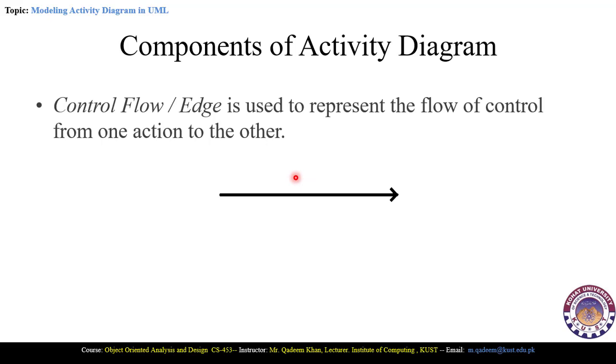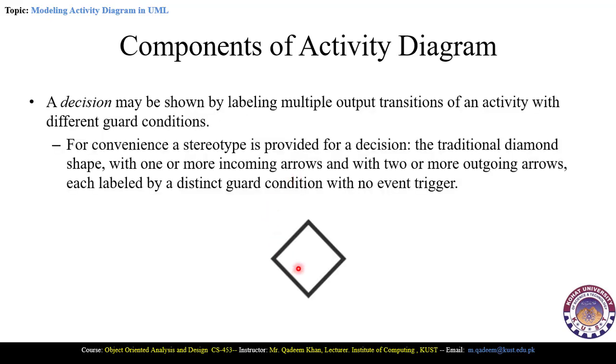And here we will provide certain labels which represent the flow of the actions. The decision is used to define that the computer will take certain decisions on whether an activity or group of activities will be performed or skipped. So a decision may be shown with certain labels inside of this diamond symbol.